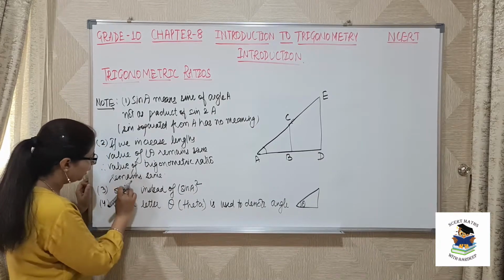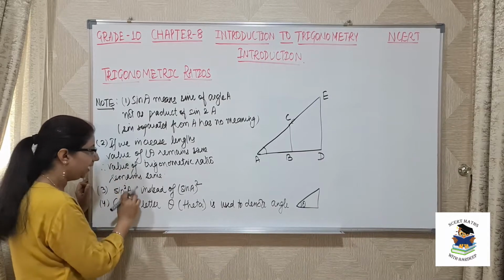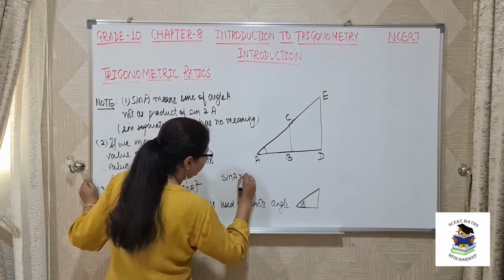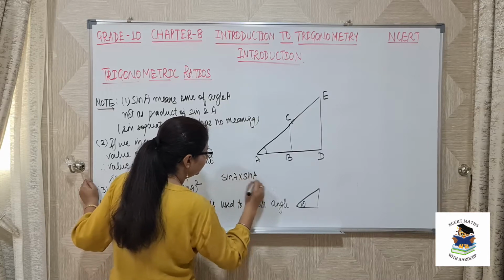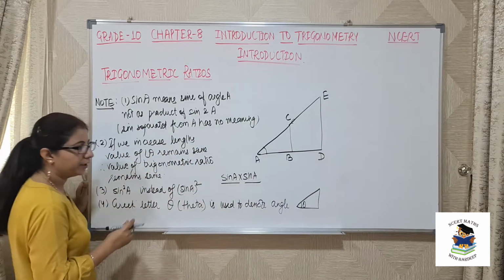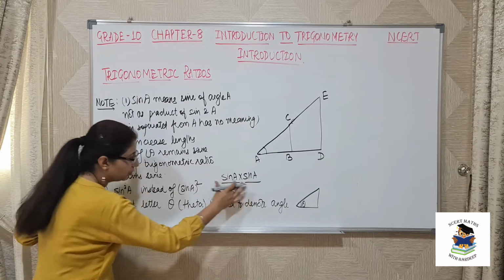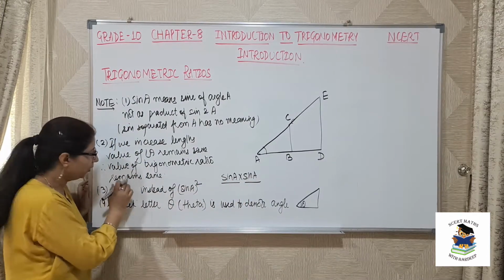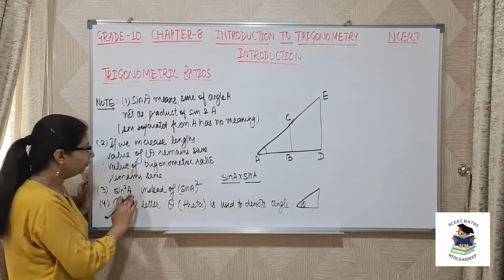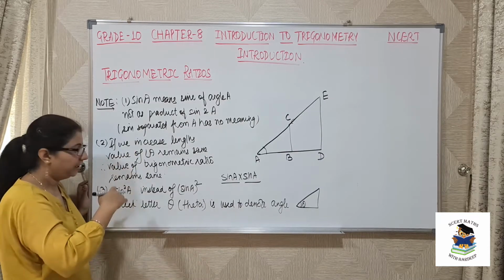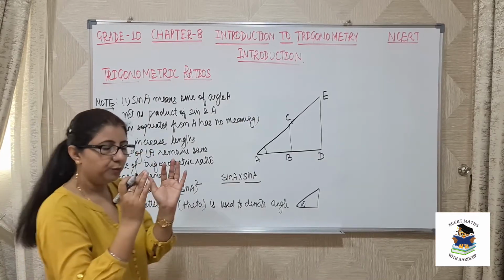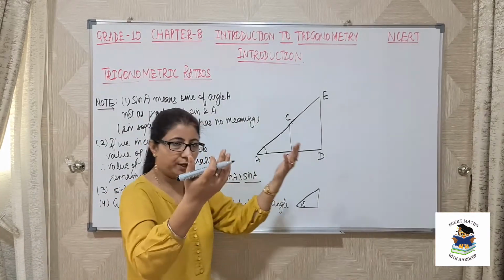This is sine square A. Sine square A means sine A value multiplied with sine A. So this is actually written like this, but in trigonometry we will write it like sine square A. So whenever you find sine square A, tan square A or any other ratio, this means the value of the trigonometric ratio should be squared.